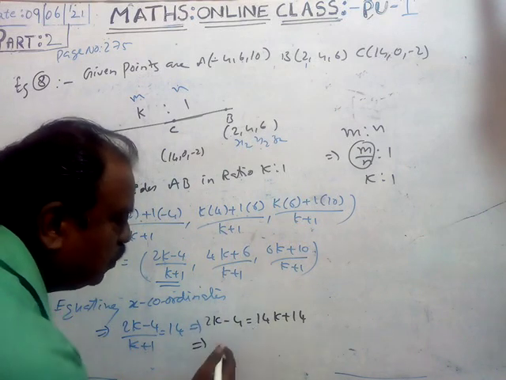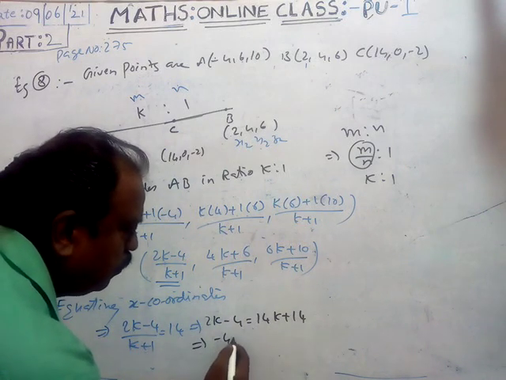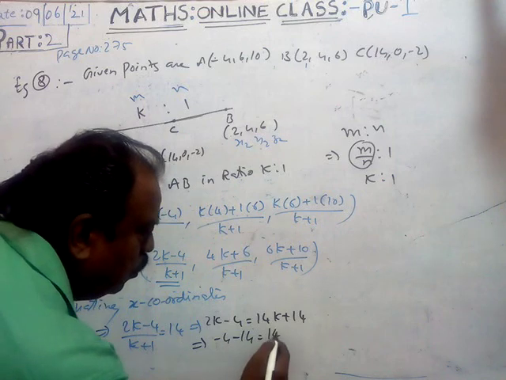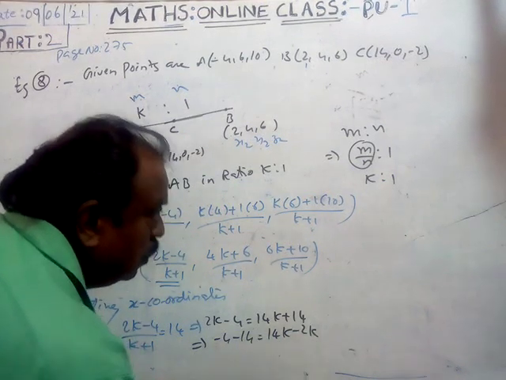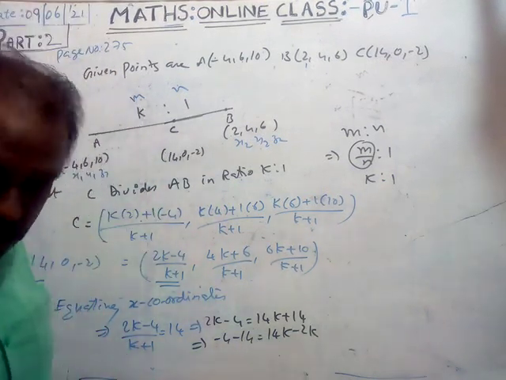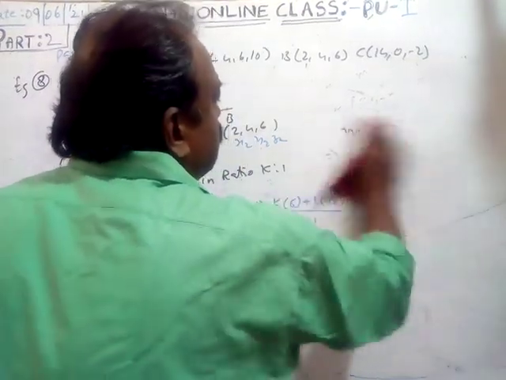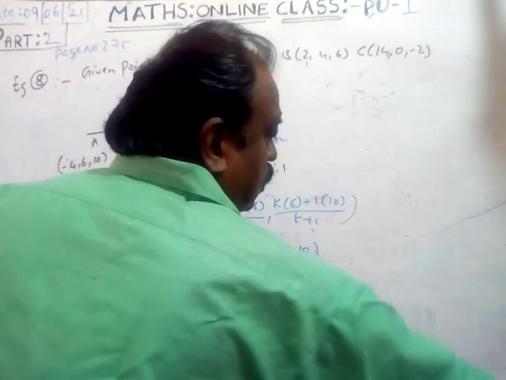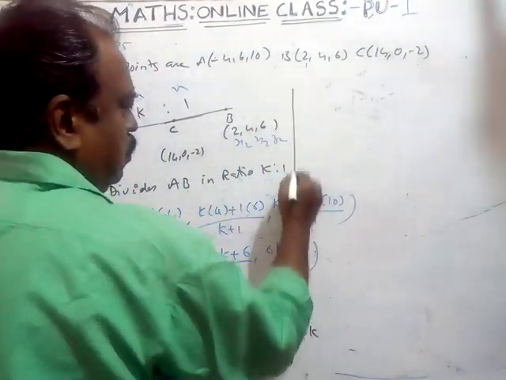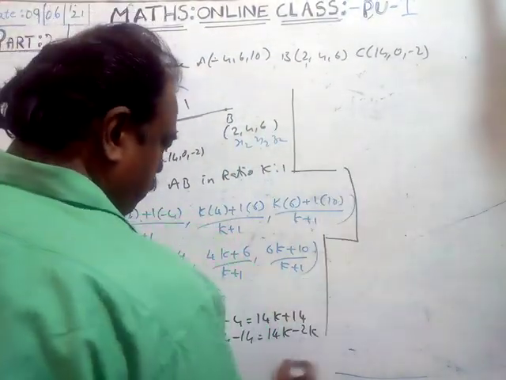I am sending that 14 to this side. Minus 4 minus 14 is equal to 14k minus 2k. You see, here I want to solve this problem.